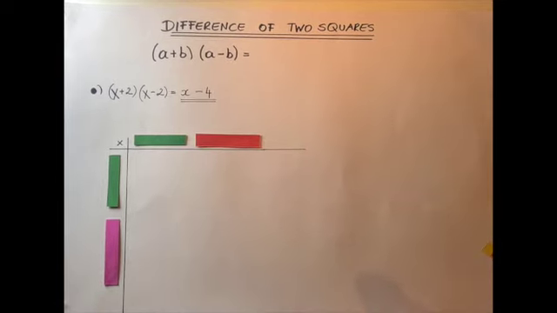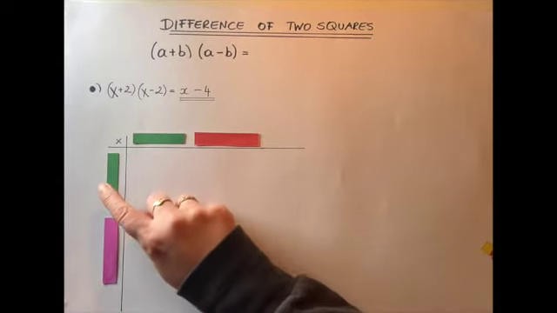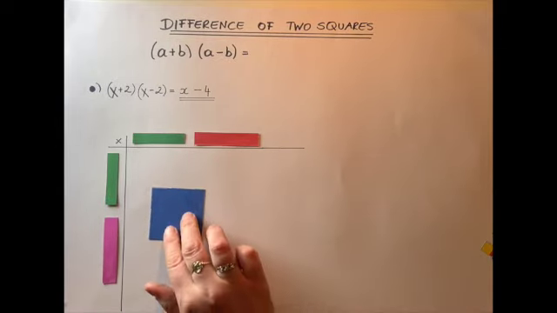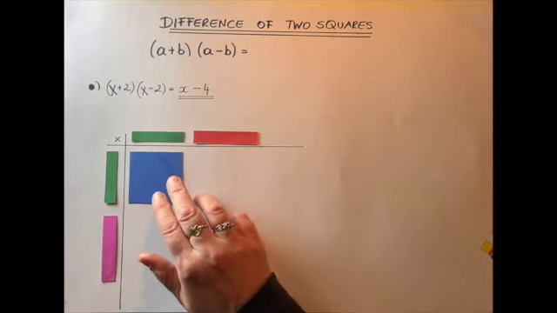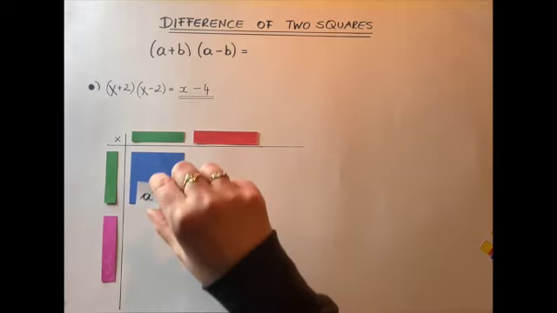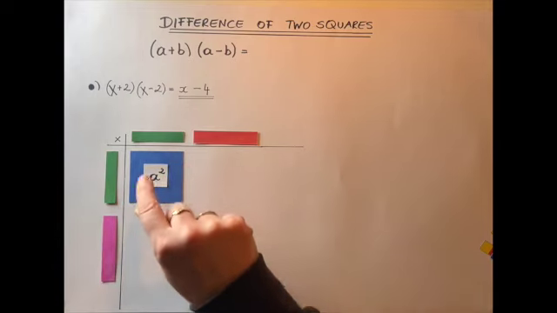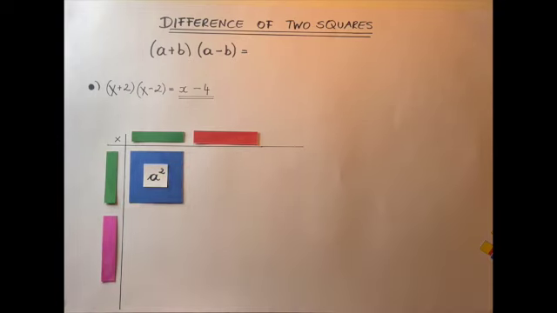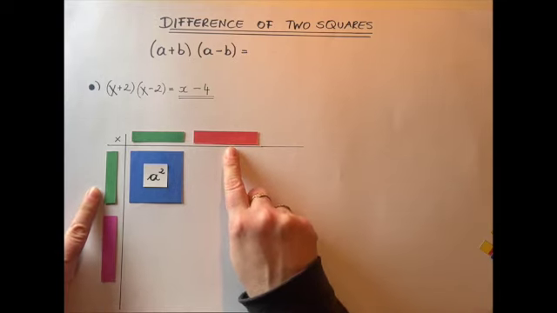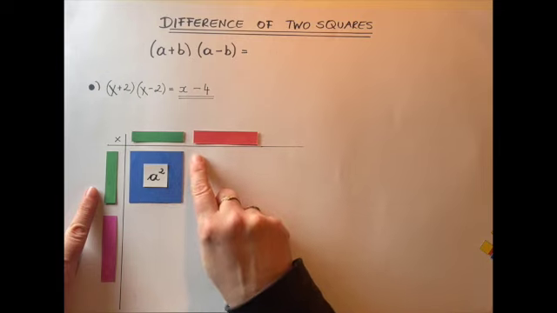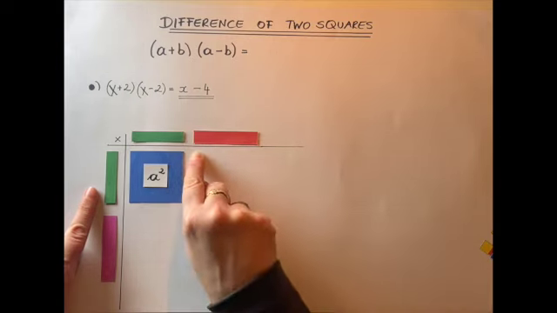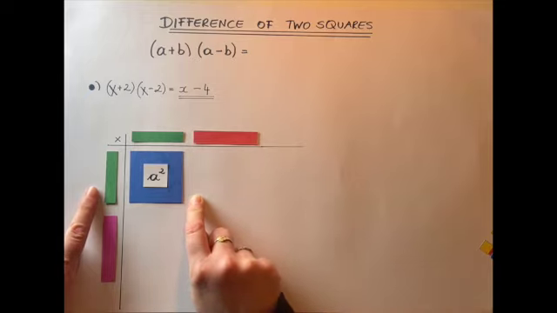A times a here gives us a squared. Let's straight away label that so that we don't forget. This is a squared, right? A times a gives us a squared. Then we have here a times negative b. Now remember, we had initially already a times b giving us a rectangle with the side length a and b.